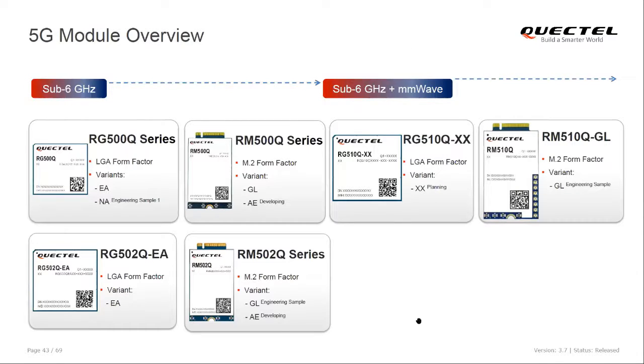Okay, so firstly, they are split into sub-6 gigahertz modules that support only frequencies up to 6 gigahertz, and also modules that support millimeter wave. You see that sub-6 gigahertz has only 4 antenna connections.